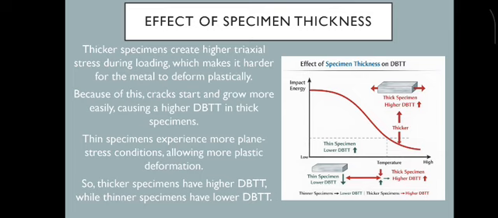So cracks start and grow more easily, causing higher DBTT in thick specimens. But thin specimens experience more plane stress conditions, allowing more plastic deformation. So thicker specimens have higher DBTT, while thinner specimens have lower DBTT.